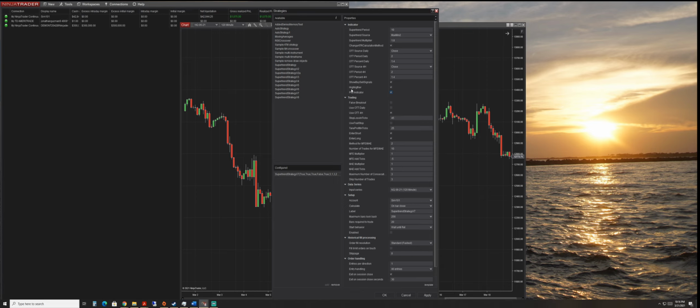This is a feature that I scripted into the Autobot, giving the user the option to turn it off or on. The reason I made that feature is because when you're optimizing, backtesting, or even running it, it tends to run the software a little bit slower because it's doing a lot of background calculations.